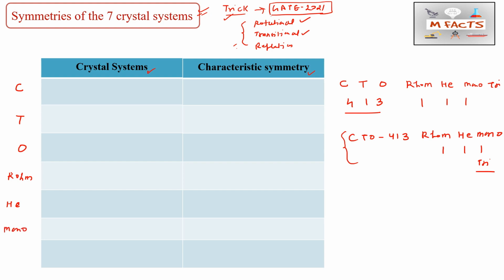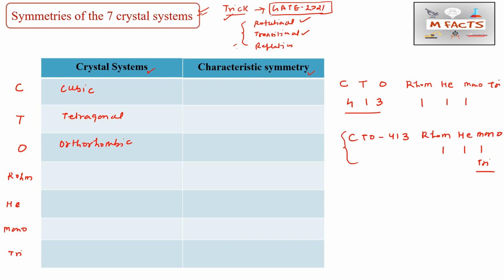Mono and tri. CTO: C means cubic, then tetragonal, after that orthorhombic. This is the trick I have already told you, the CTO concept.